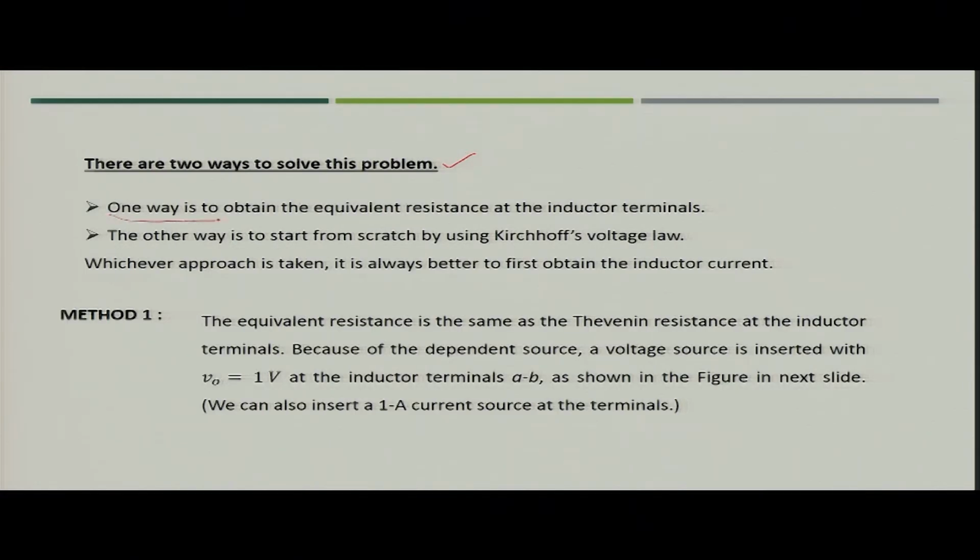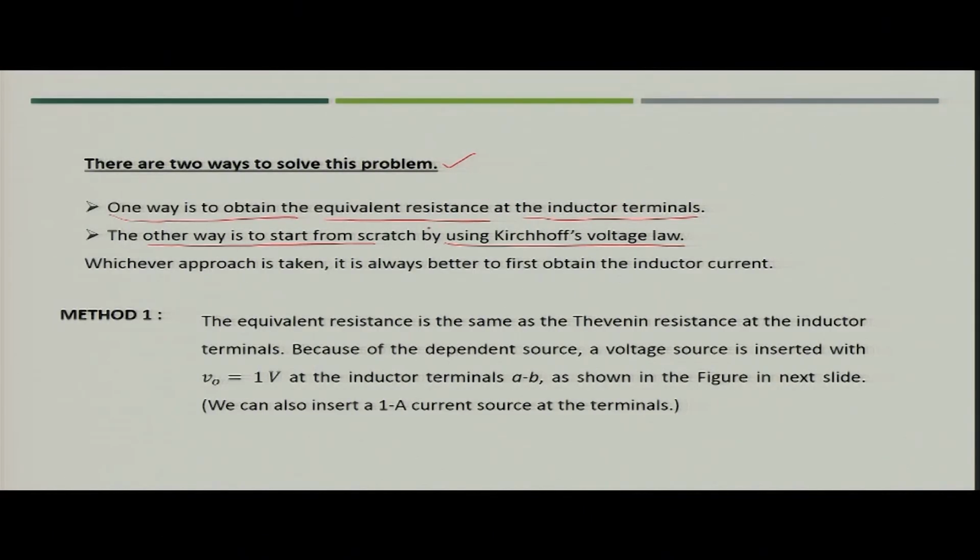One way is that we can obtain the equivalent resistance at the inductor terminal, or the other way is that we start from scratch using Kirchhoff's voltage law. When we have to find the equivalent resistance, we can utilize our knowledge of Thevenin's theorem and simplify the circuit.